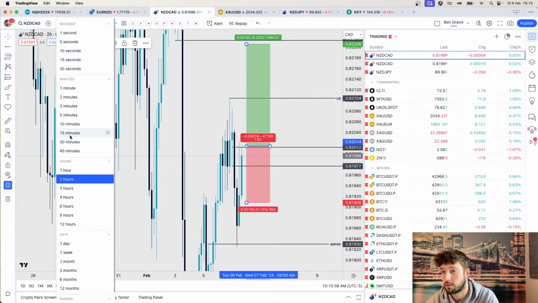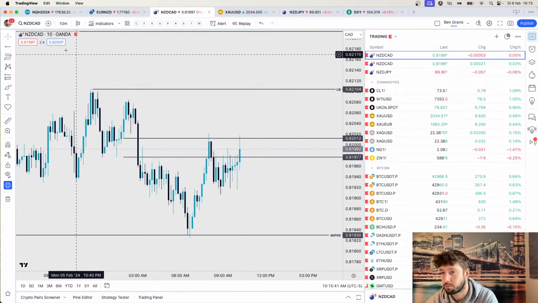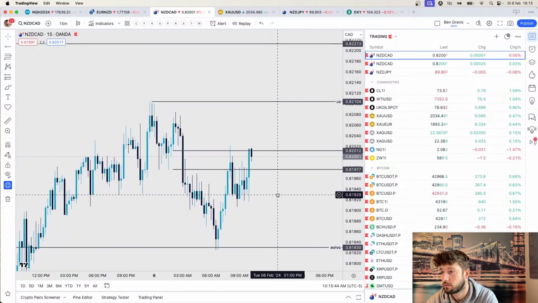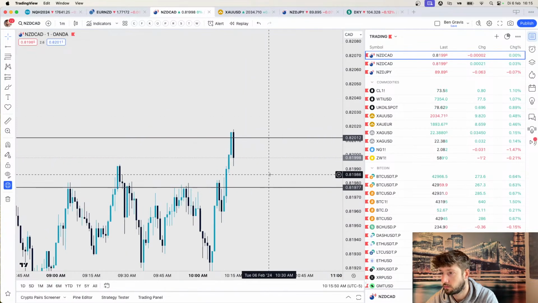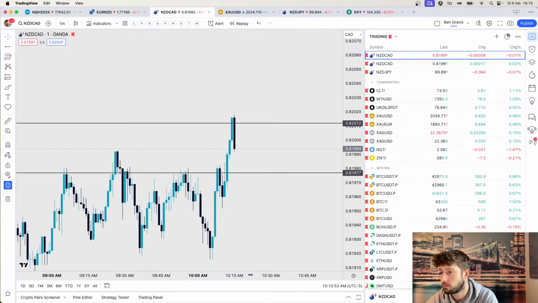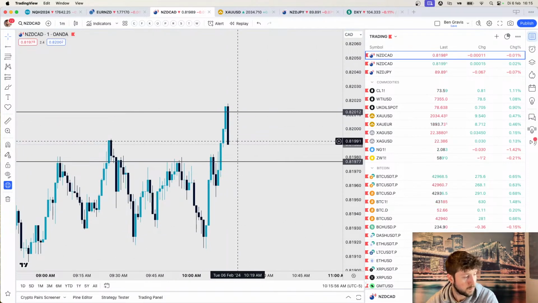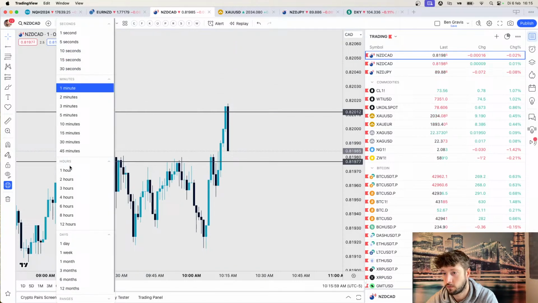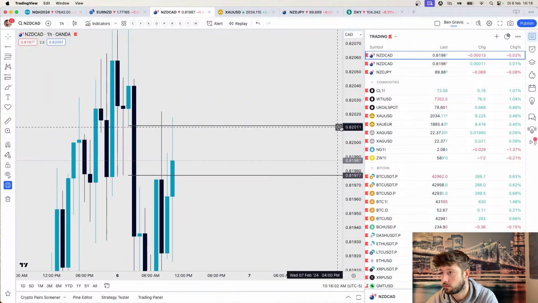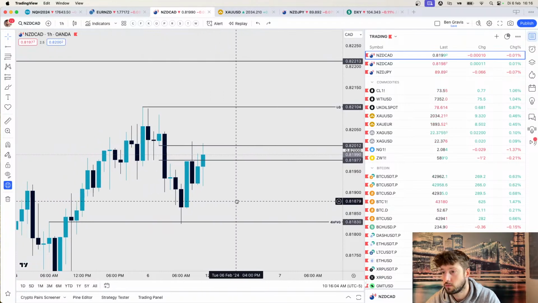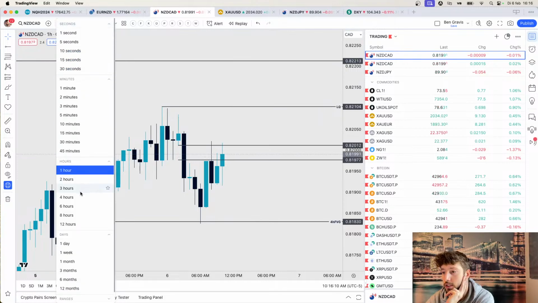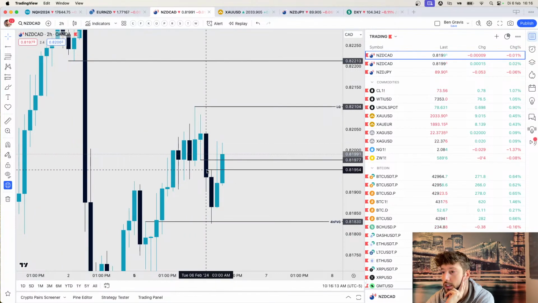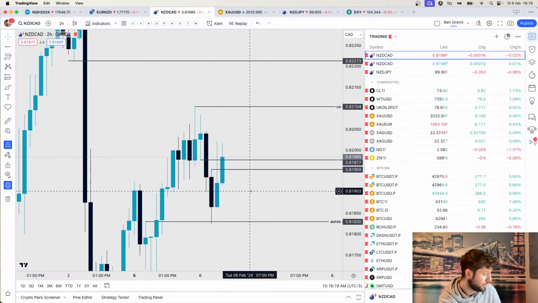Really waiting for the 2 hourly to flip. Just overall bullish on the higher time frame for this one. But to get that entry, we would like a close above here.